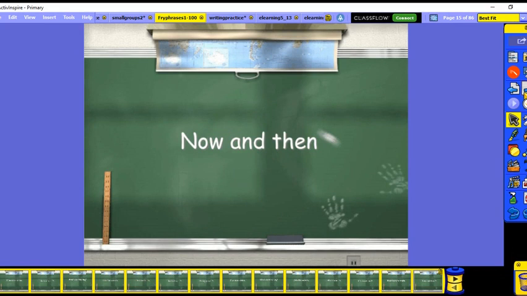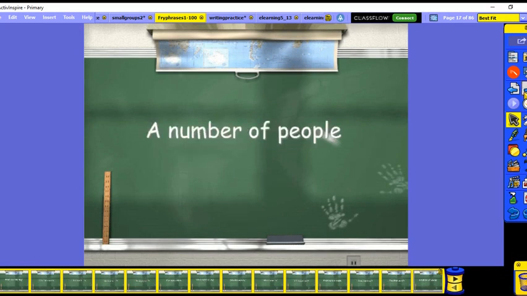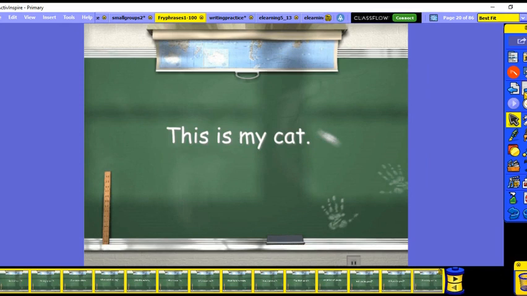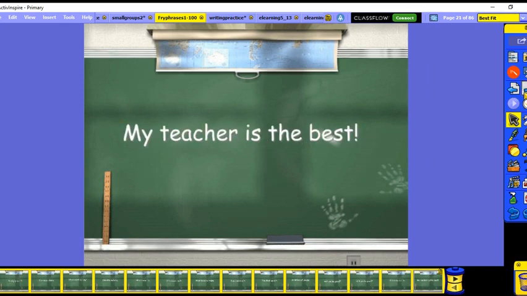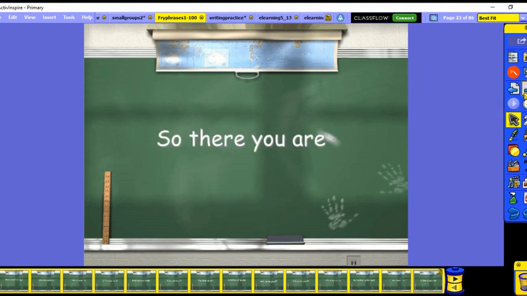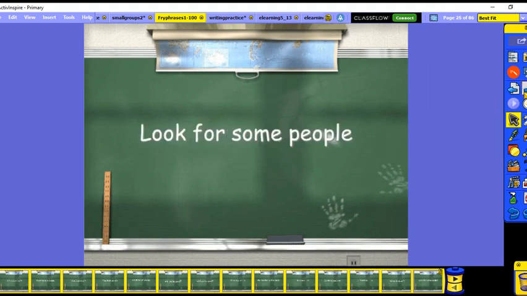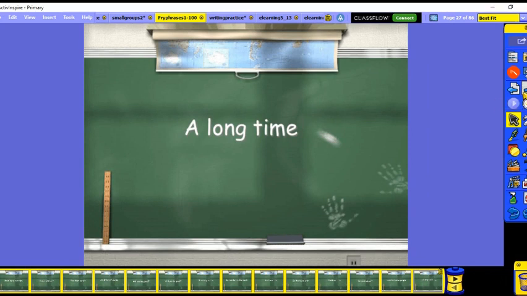Now and then. The first word. A number of people. Will you be good? This is my cat. My teacher is the best. Go down. So there you are. Look up. Write it down. Look for some people. A long time.